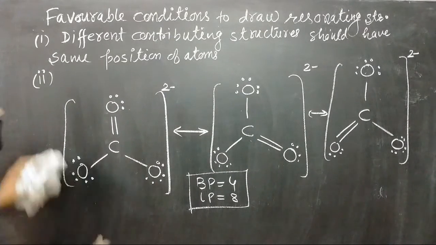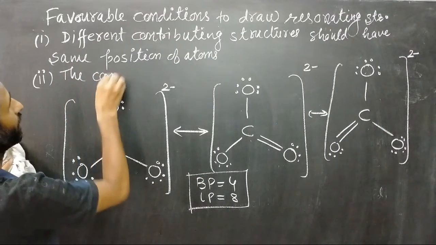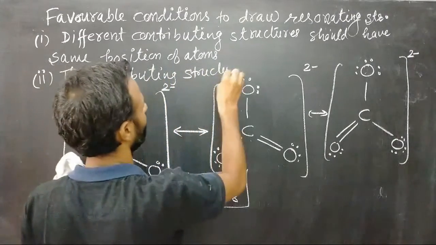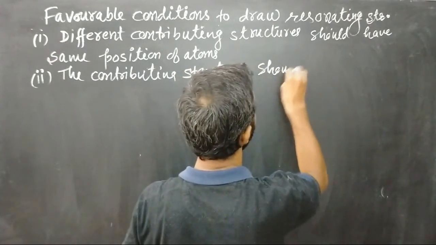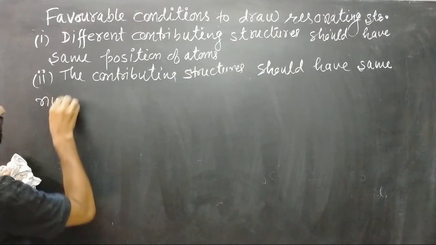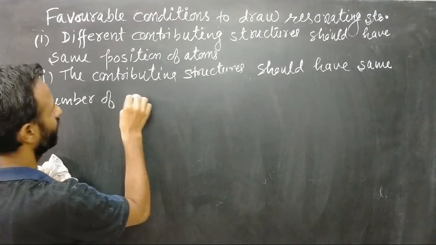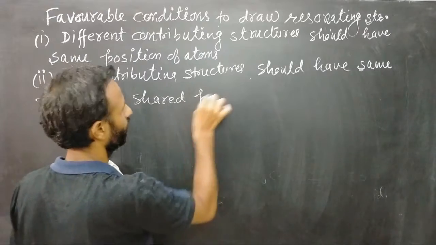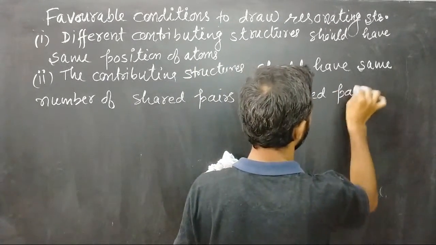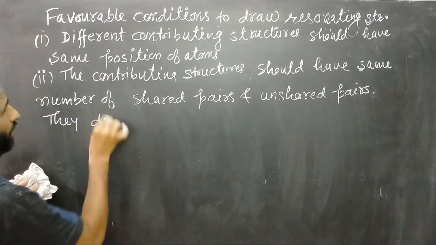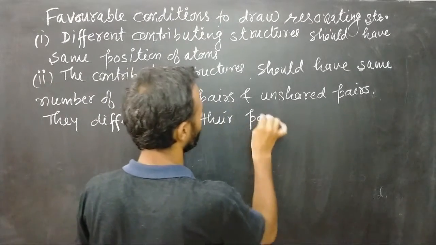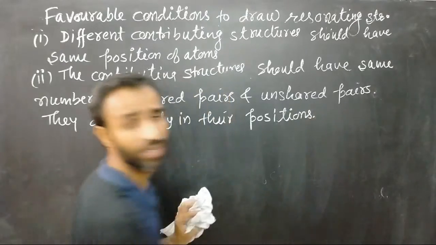So the contributing structures should have the same number of shared pairs and unshared pairs. They differ only in their positions.